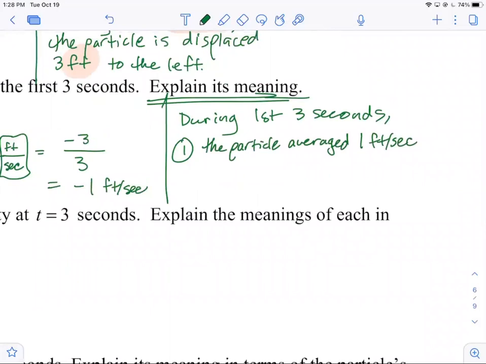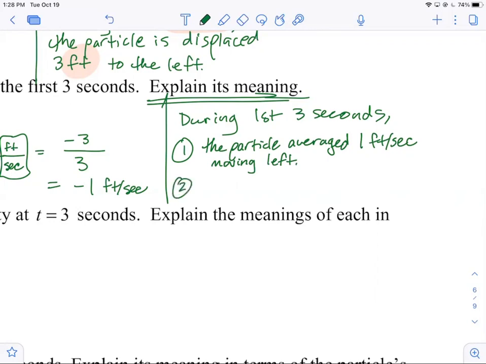The particle averaged 1 foot per second moving left. All right. Does that mean it was moving left the whole time? No. So that would be answering it in terms of speed and direction.